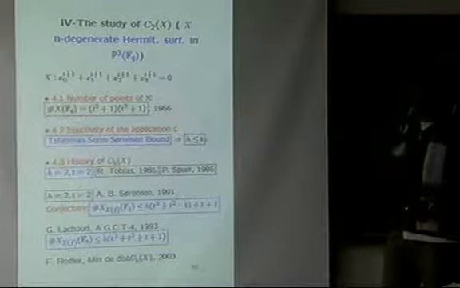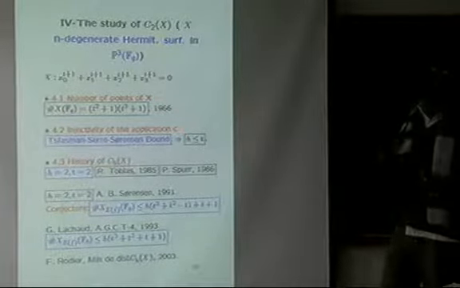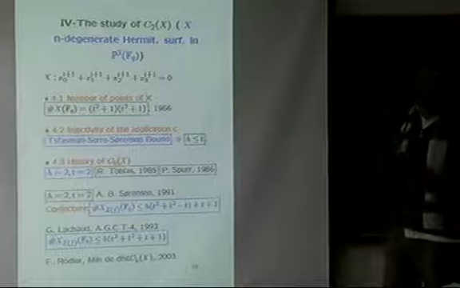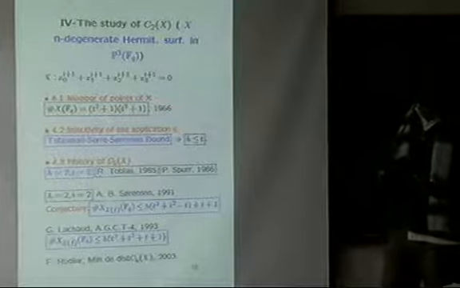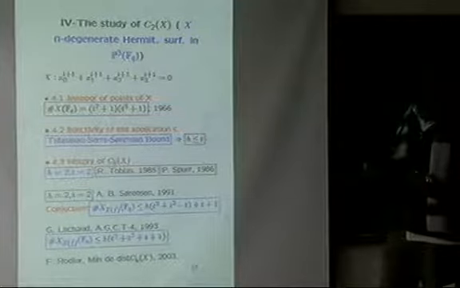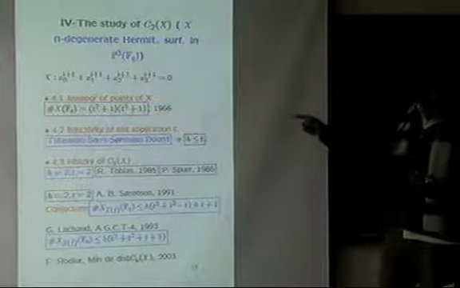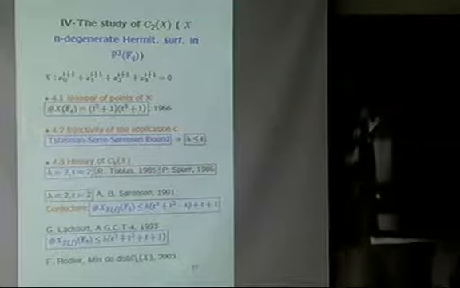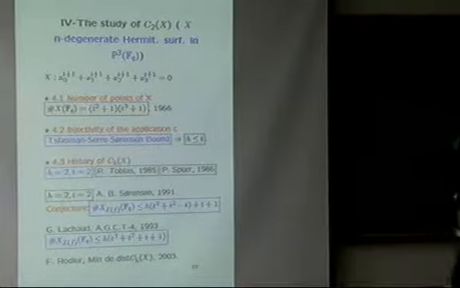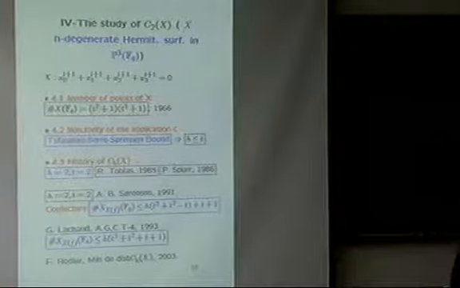Hermitian surfaces, Hermitian varieties are interesting in arithmetic because they have a large number of points. We cannot find some kind of hypersurface of the same degree which has many more points than this variety. And I have defined a map, what map? At the beginning of my slide.